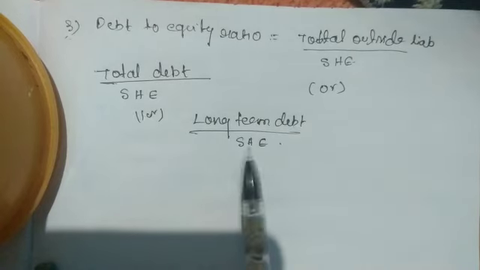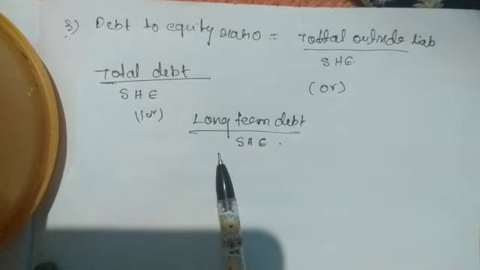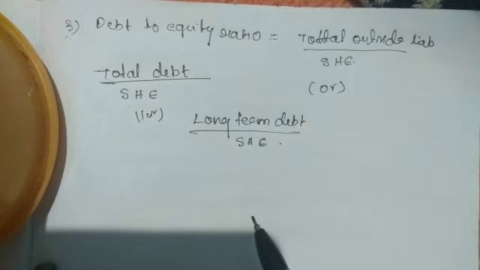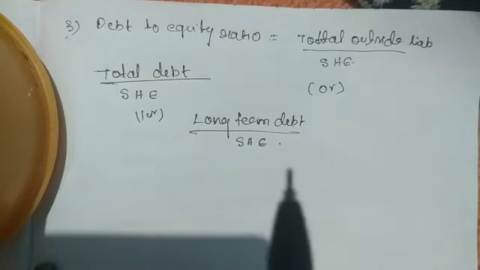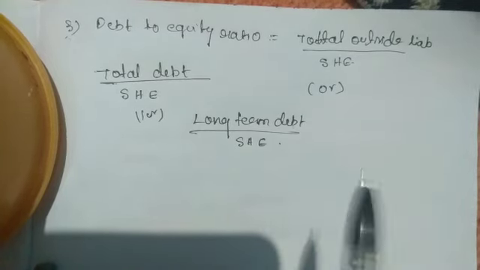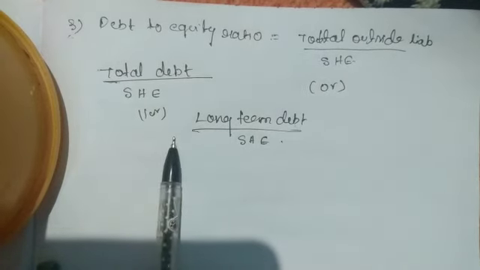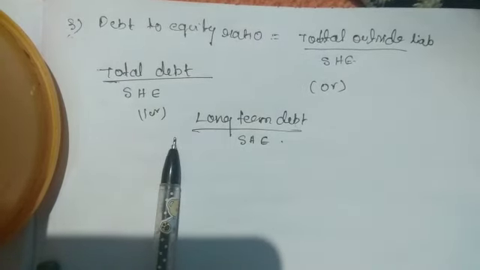The higher the debt equity ratio, the lesser will be the safety for the creditors. The lower the debt equity ratio, the wider the safety for the creditors. So this ratio indicates the proportion of the outside debt and the owner's fund. This ratio is also the indicator of the firm's financial leverage. The next ratio is capital gearing ratio.